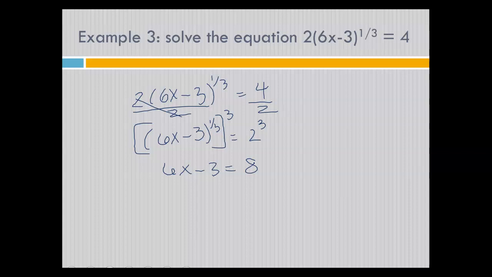Cubing a cube root cancels it away. Add 3, so 6x equals 11. Check: 6 times 11 over 6 equals 11, minus 3 is 8. The cube root of 8 is 2. 2 times 2 is 4, which equals 4.